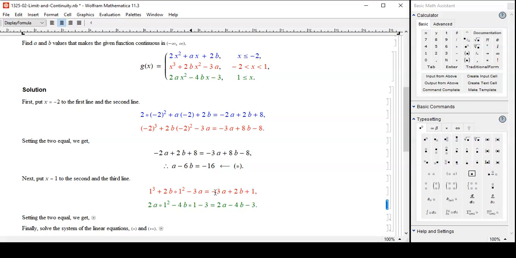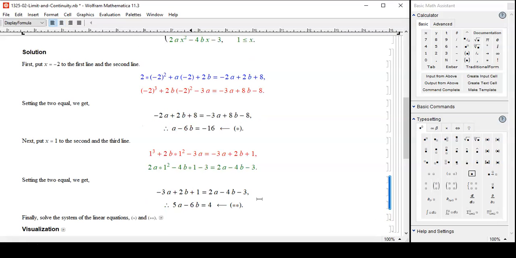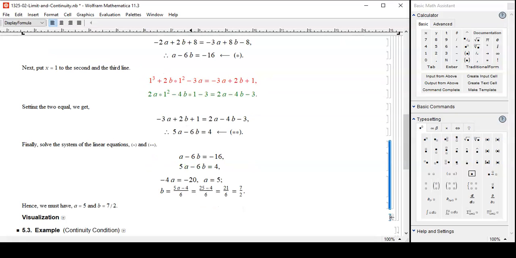Setting these two equal, this and that, we get this equation. And then after simplification, we get this. So we get 1 star and then 2 star. And these two will give me a system of linear equations. These two.